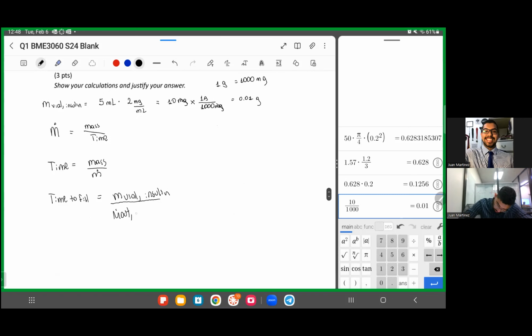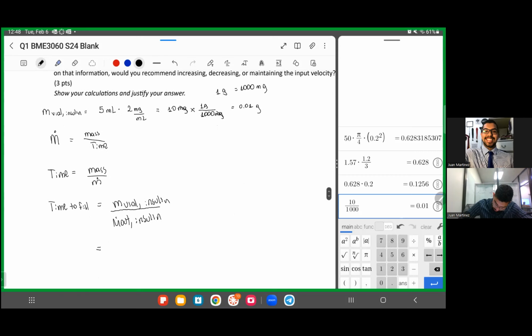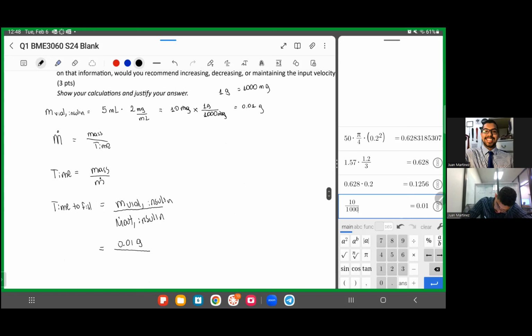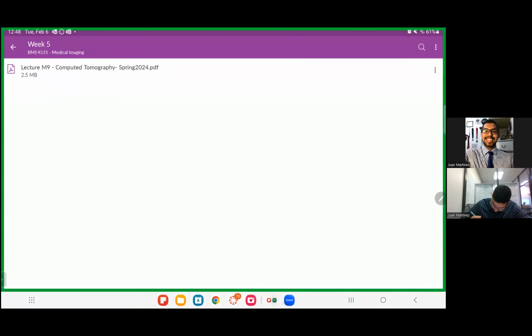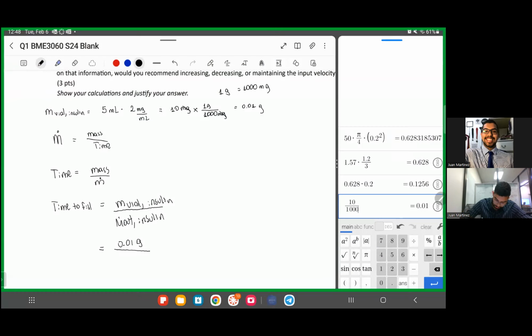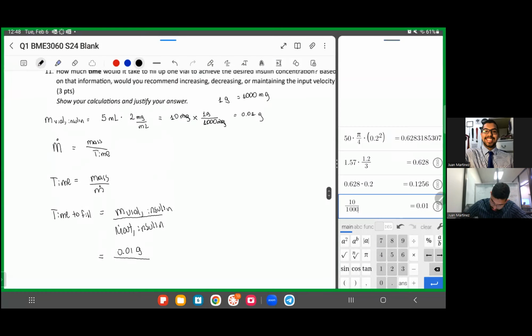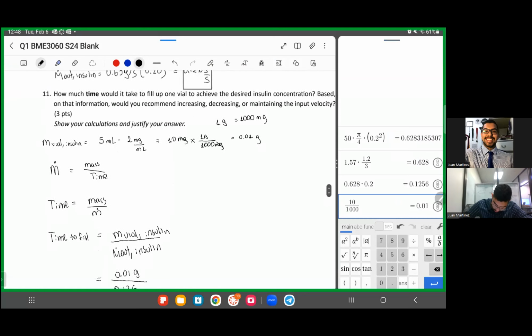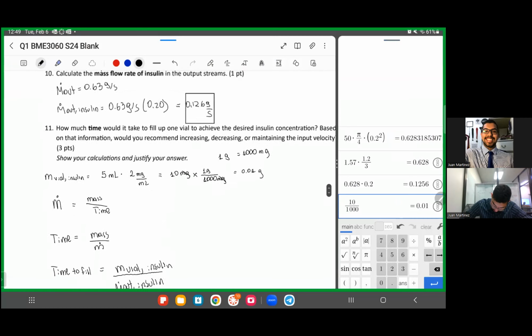And it's going to be equal to 0.01 grams divided by 0.126 grams over seconds.